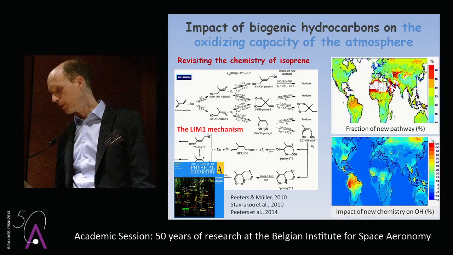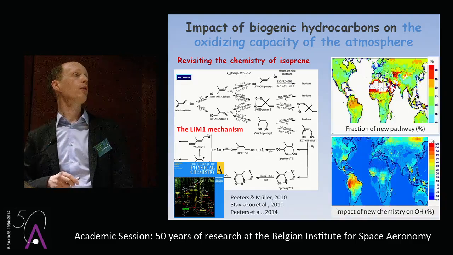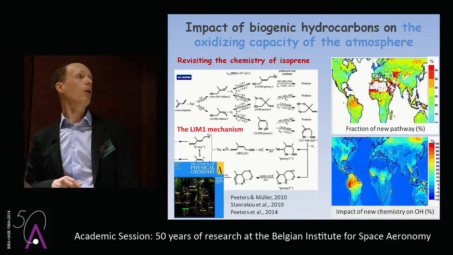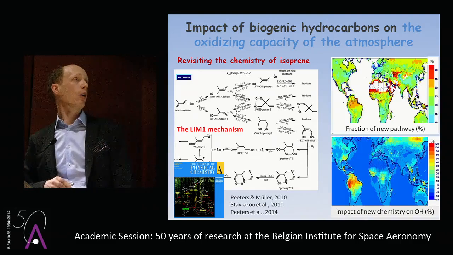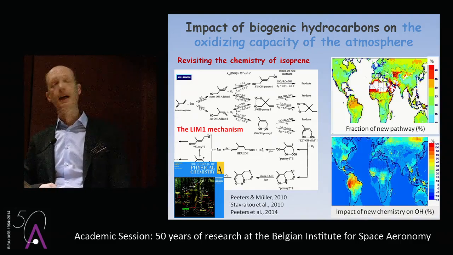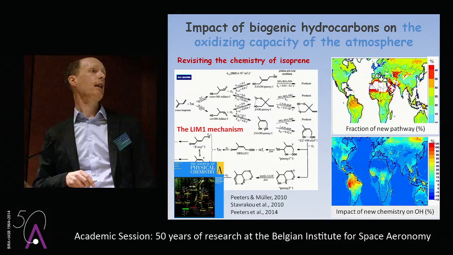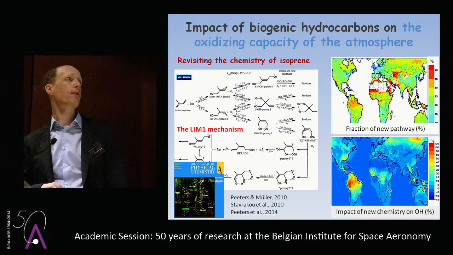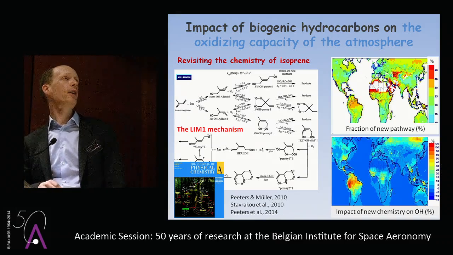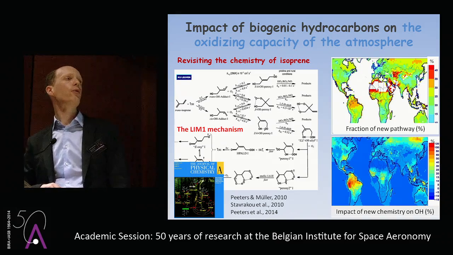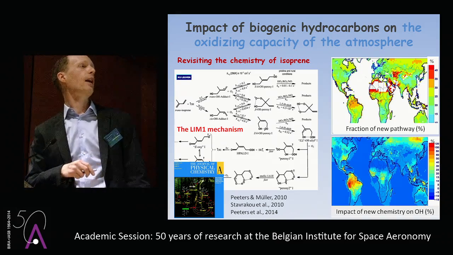And also we incorporated that in the IMAGES model in order to see the impact of this new chemistry on, for example, the oxidizing capacity of the atmosphere, more specifically the concentration of the OH radicals in the boundary layers. And you see that you have up to a factor of 2 difference because of those new reactions.